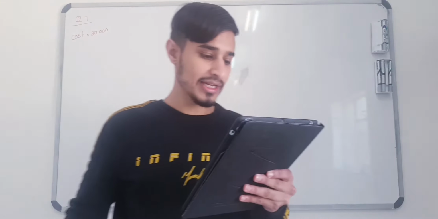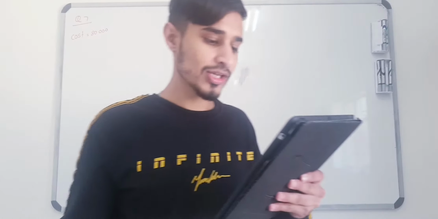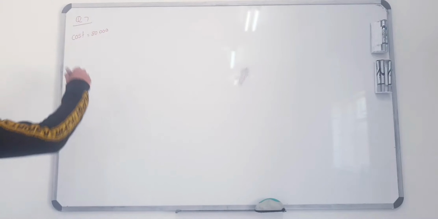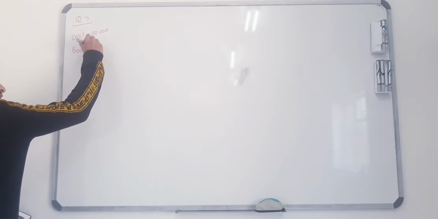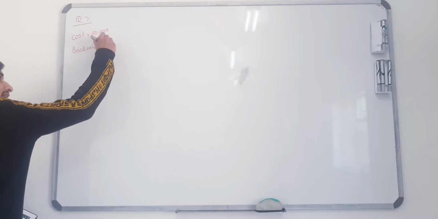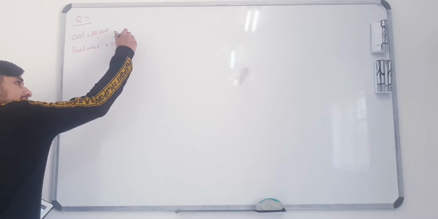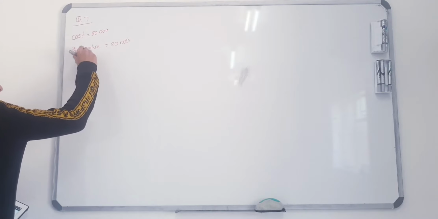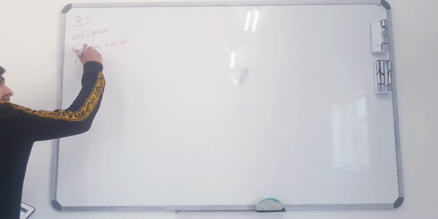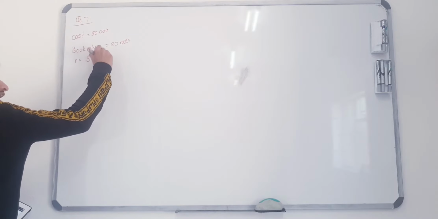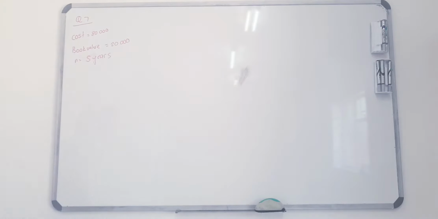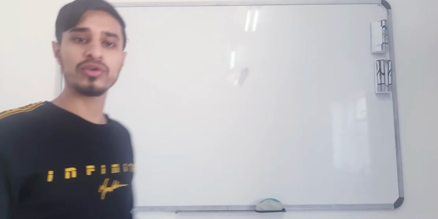It depreciates on the reducing balance to the book value of 20,000. And they say N is 5 years. So our N is 5 years.